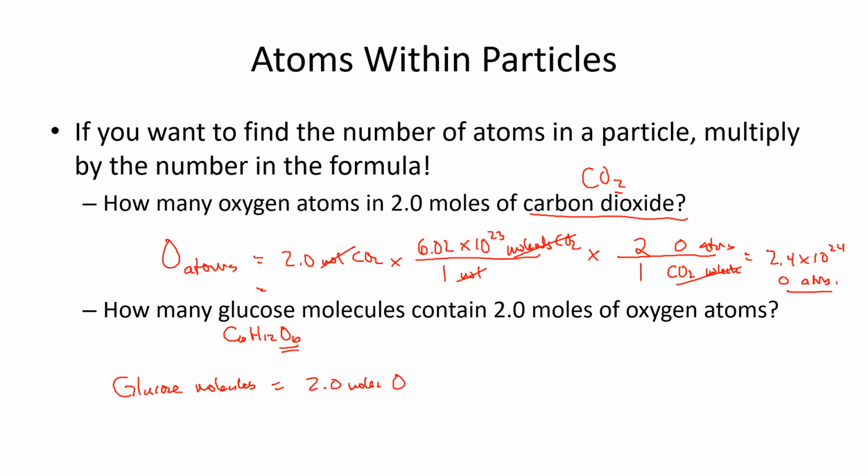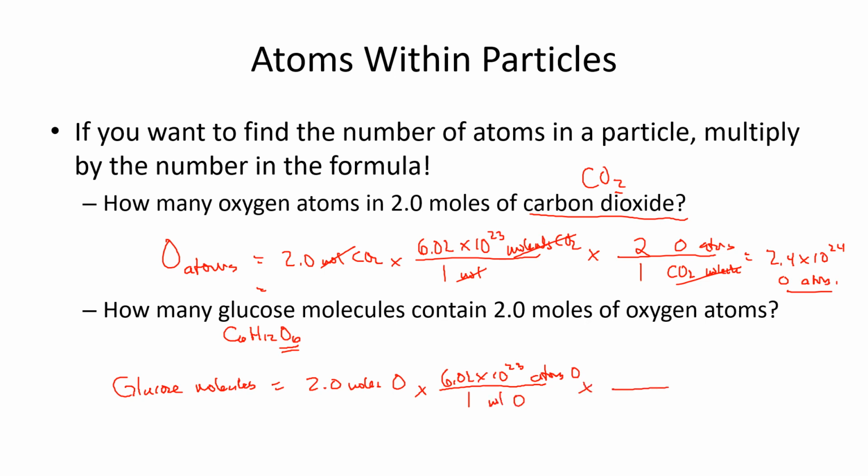Okay, so we can go from moles of oxygen to atoms of oxygen, right? So we know that there are 6.02 times 10 to the 23 atoms of oxygen in every mole of oxygen.